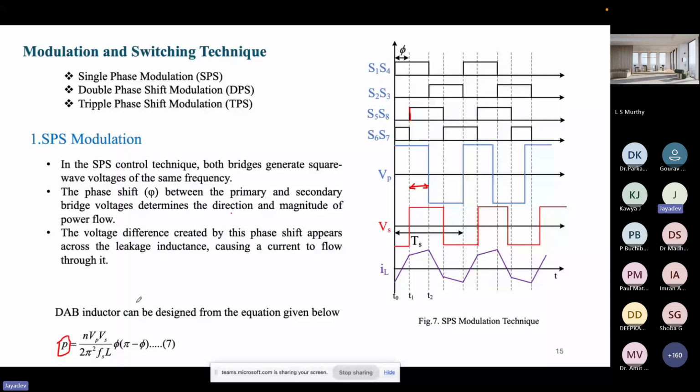So you decide the power range, and for that power range you can calculate from this equation how much phase shift you will get. At a particular phase shift, a particular power will be transferred. It means you can find the range. In between the range, according to your application, you choose the phi value and L value.